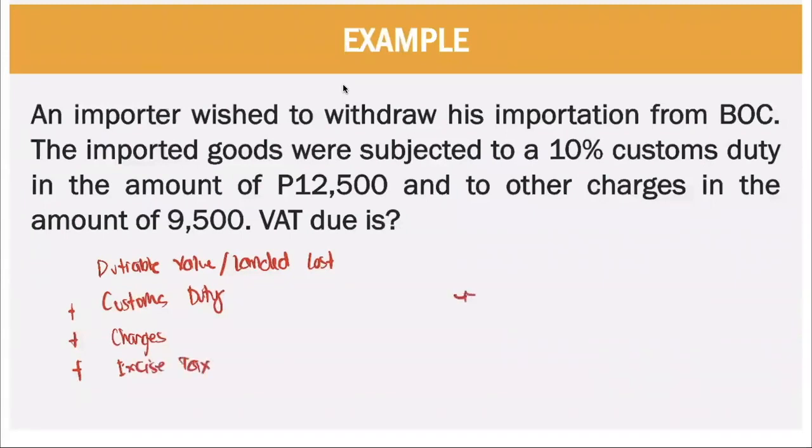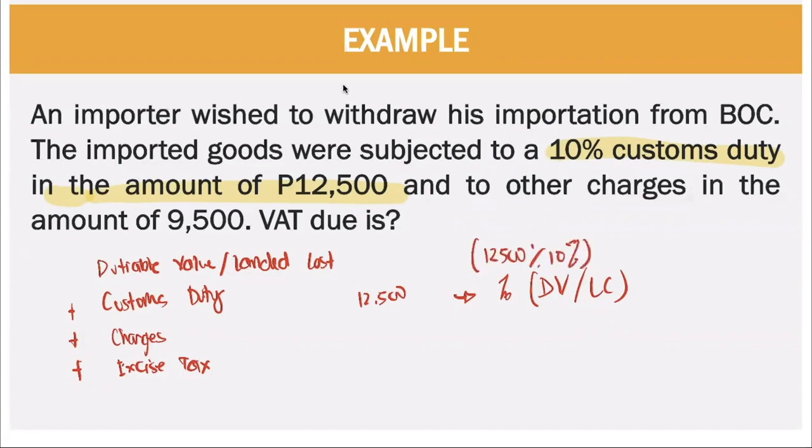Your customs duty normally is based on a percentage of your dutiable value or landed cost. So in this case, the problem states that the customs duty is 10%, which is equal to 12,500. So to compute your dutiable value, that is 12,500 divided by 10%, which is 125,000.